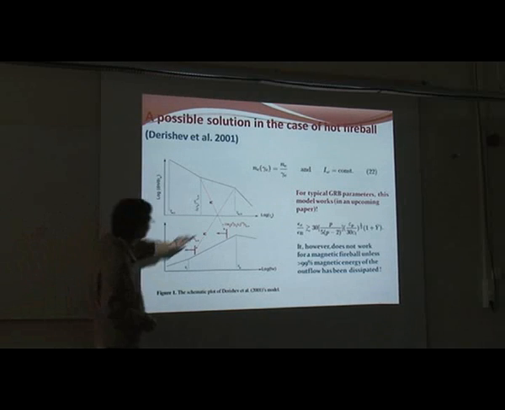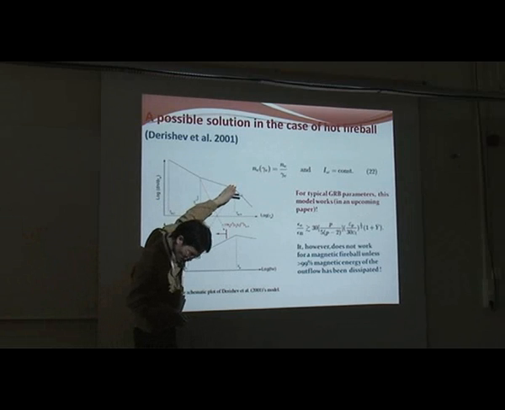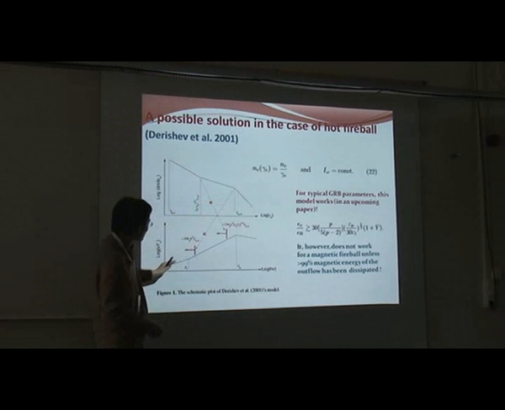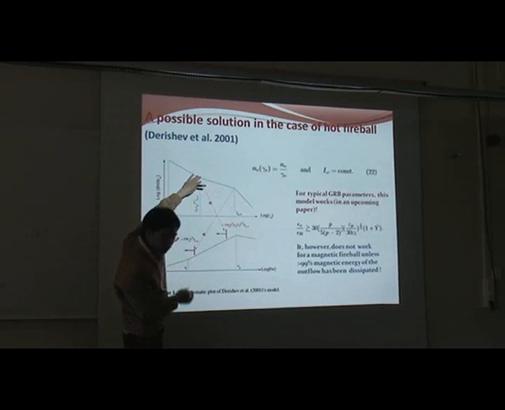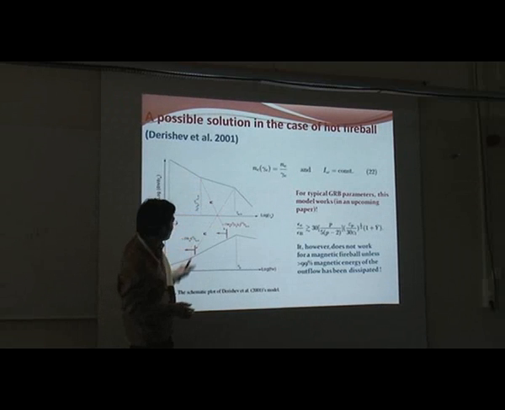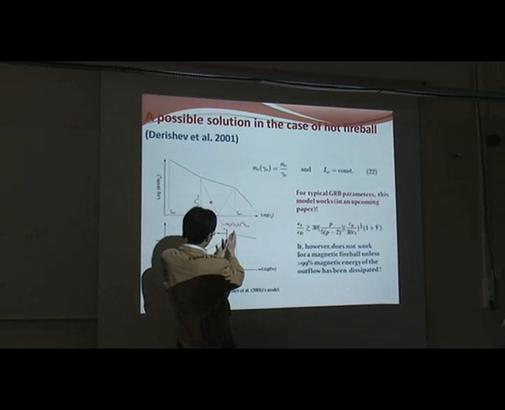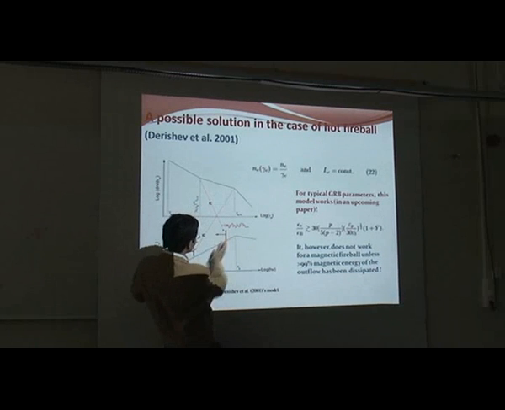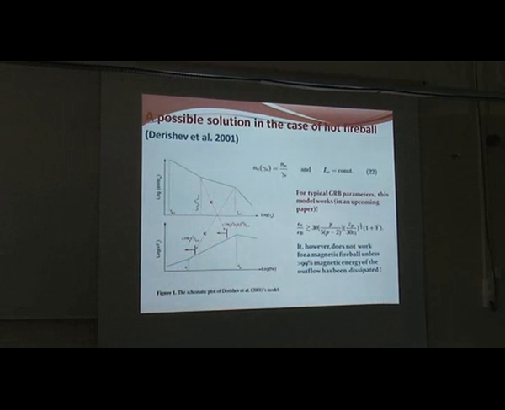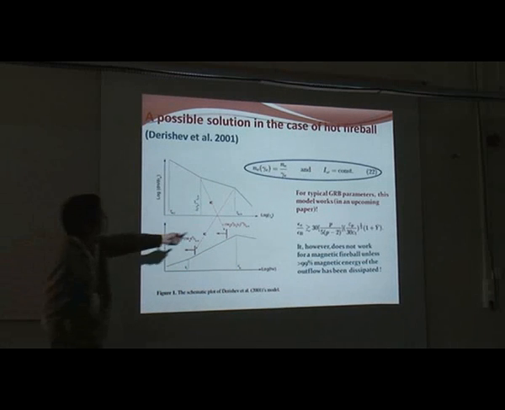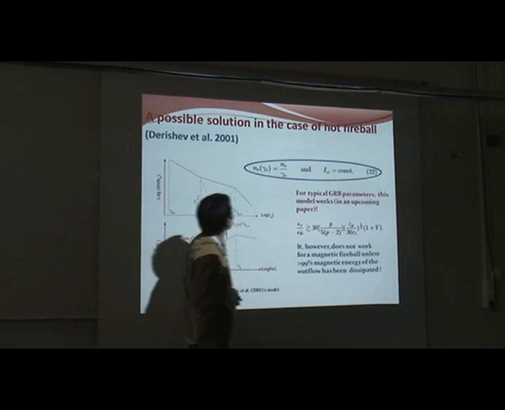So for these electrons, the target photons are in this energy range, but for electrons with a much smaller Lorentz factor, the target photons could be in this energy range. So a self-consistent solution will give a really interesting result. This is just a copy from the paper.